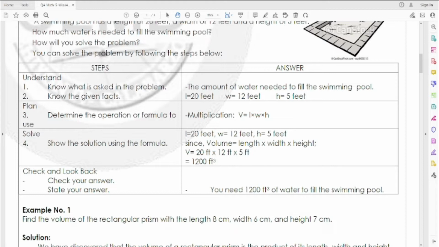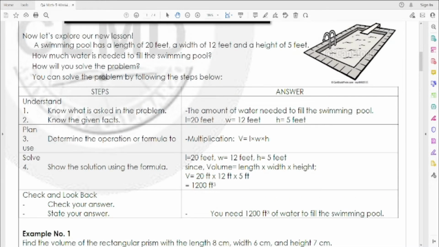So the first step is to understand. Under the understand column, number 1 is know what is asked in the problem. And the answer opposite of it is the amount of water needed to fill the swimming pool.